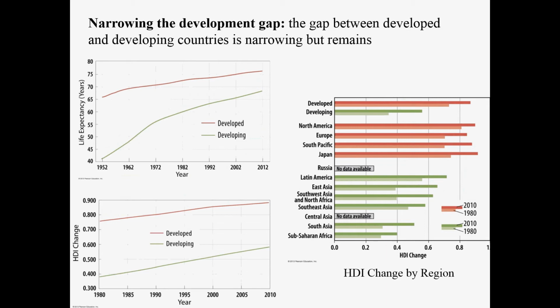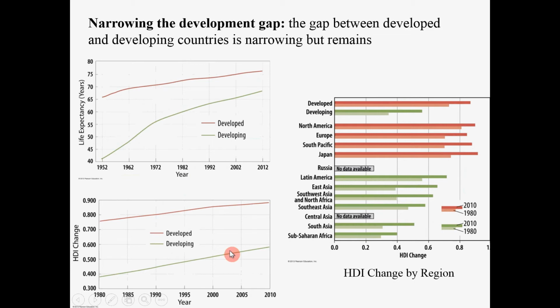For example, you can really see this composite life expectancy between developed countries and developing countries. They are catching up. This is the whole HDI change over time between developed and developing regions. Again, you can see it seems to be narrowing.